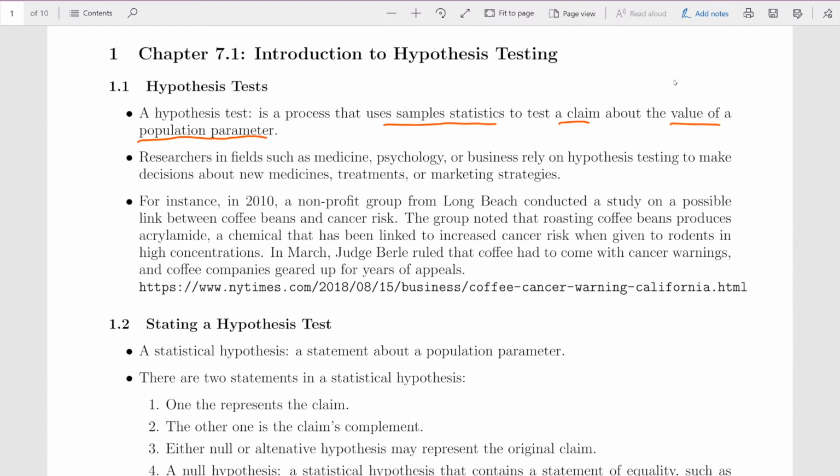For example, in 2010, a nonprofit group from Long Beach conducted a study on a possible link between coffee beans and cancer risk.